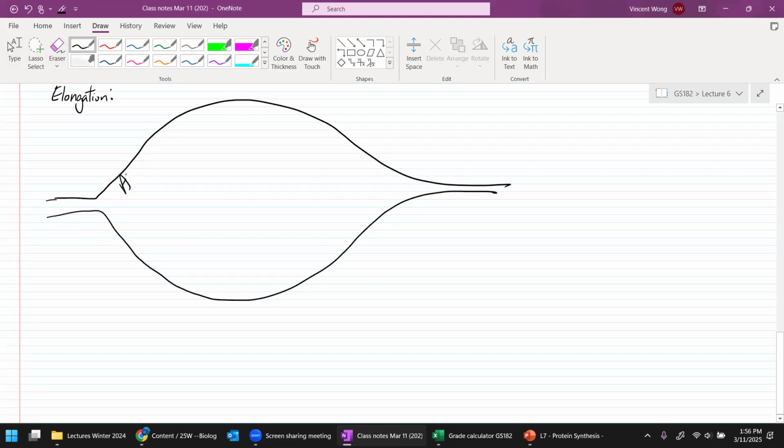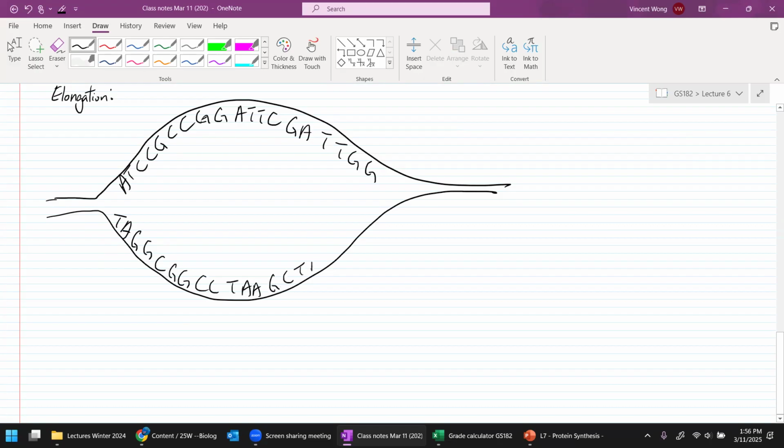Okay, so let's say this is A, T, C, C, G. And then the other side is complementary. This is the important part.